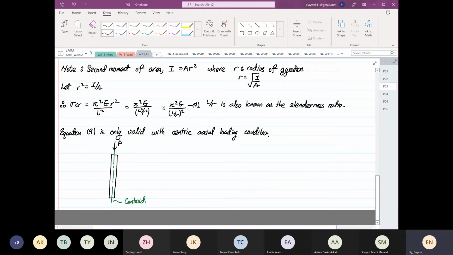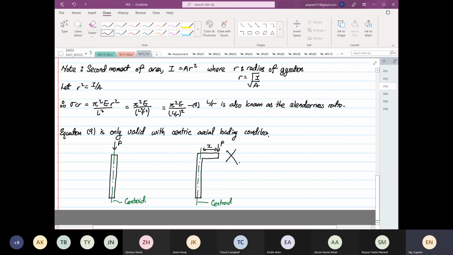If you have a structure, same structure, not really the same, but let's say a structure like this, and this is your centroid where buckling will occur, and your applied load is applied at a distance away from the centroid.